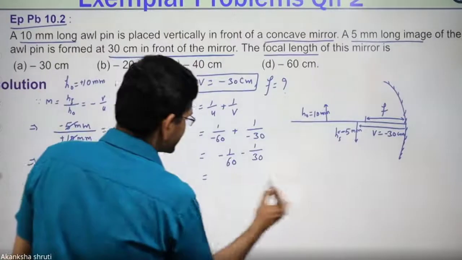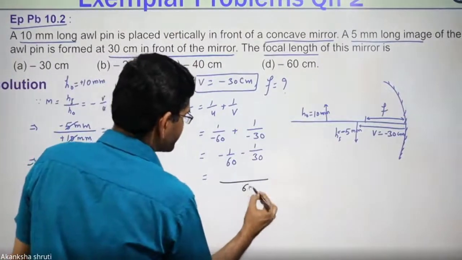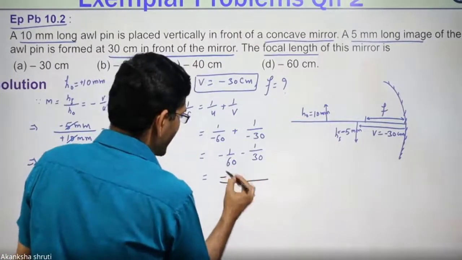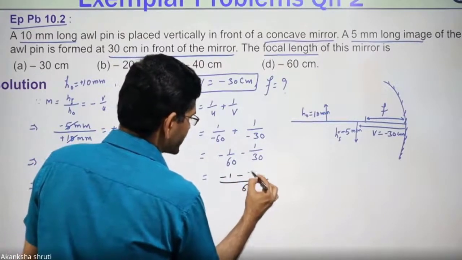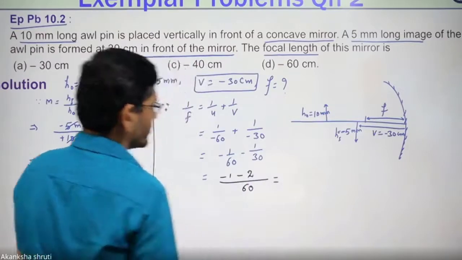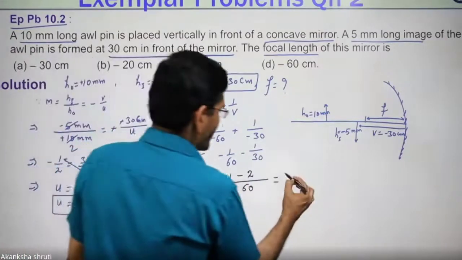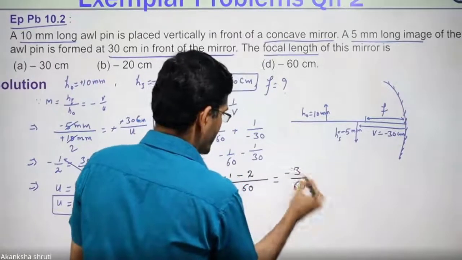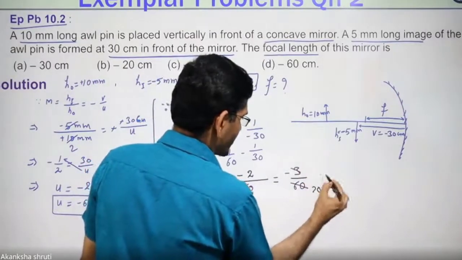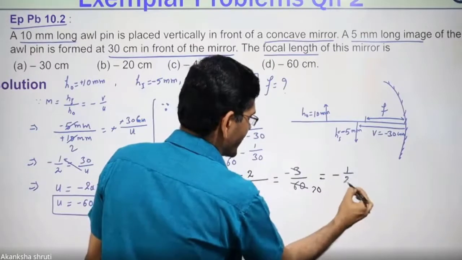That's all. So take their LCM. So taking the LCM, which is 60, it is our minus of 1, minus of 1 into 2 is our 2. So it is coming as minus of 3 by 60. Go for cancelling this, 20. So it is minus of 1 by 20.